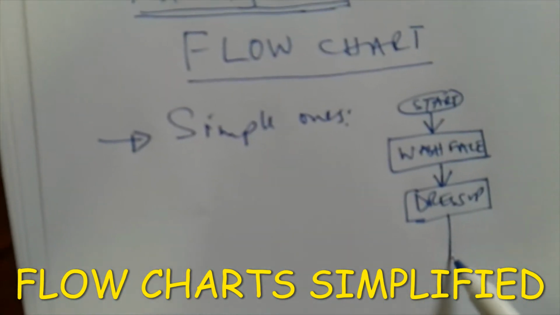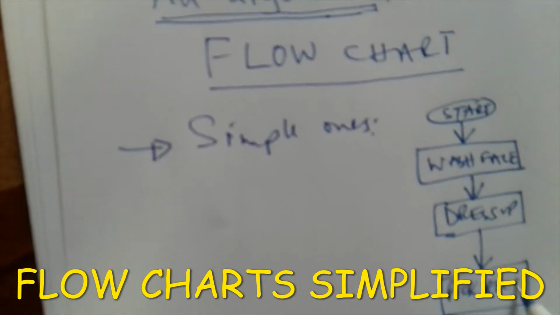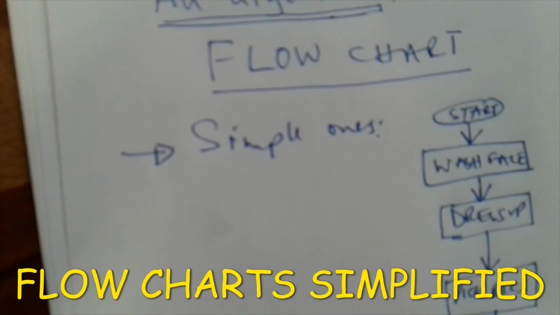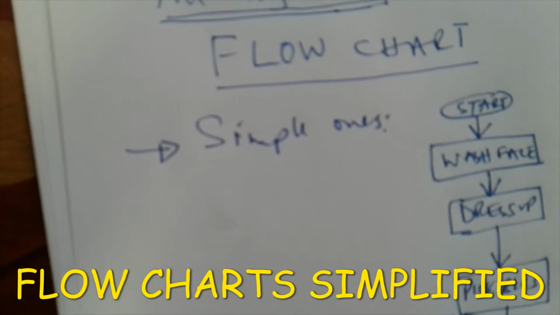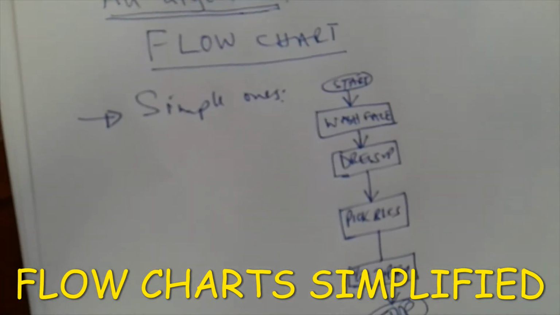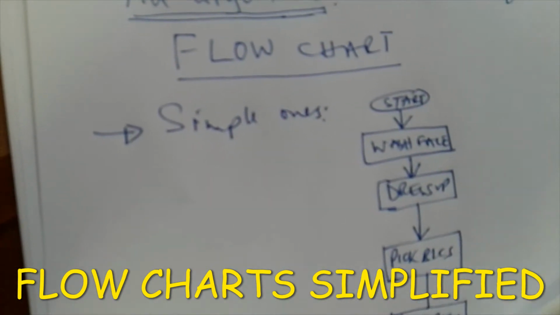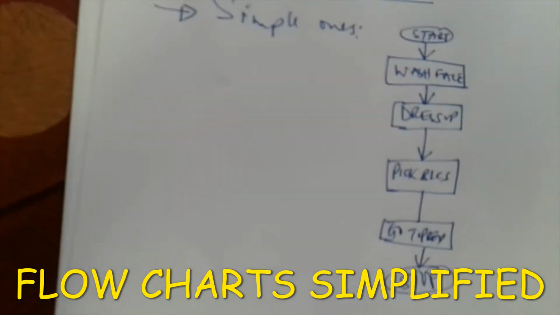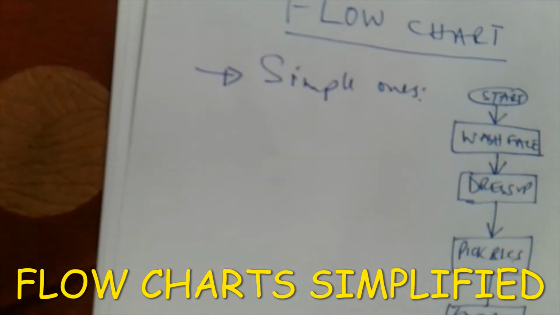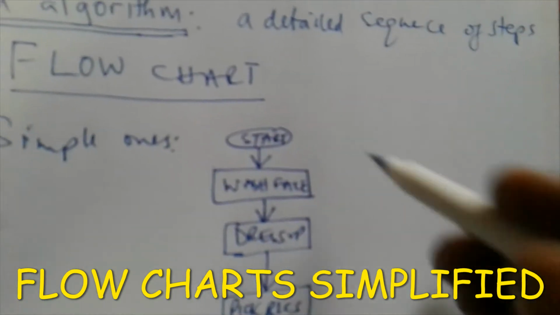Then after dressing up you pick books, then go to prep, then you stop. That means this can be a simple flow chart. Start, you wash face, dress up, pick books, go to prep, then the flow chart stops or your program ends. So every flow chart must have a beginning and an end point. That's the simple flow chart.